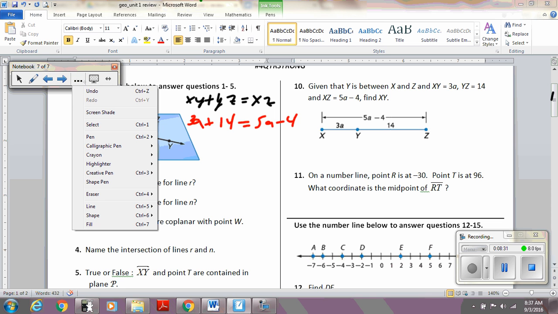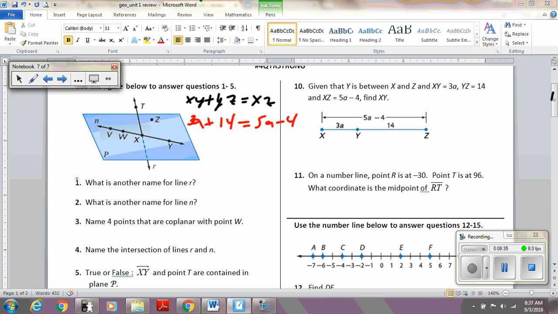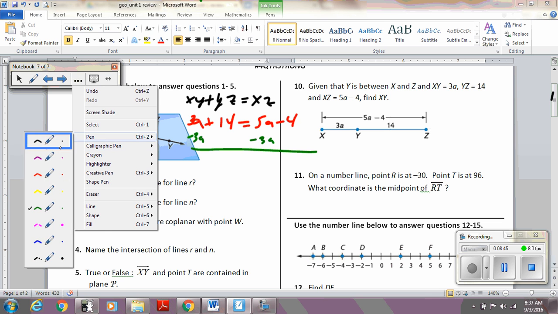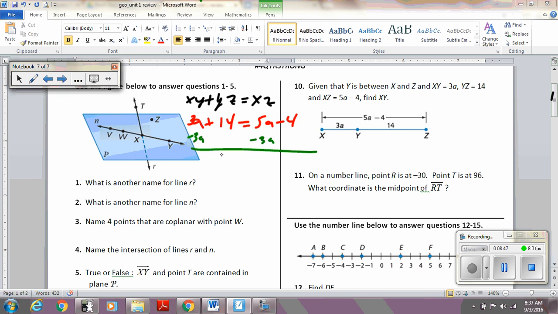So now we solve our algebra equation using our algebra skills. Subtract 3a to get 14 equals 2a minus 4.